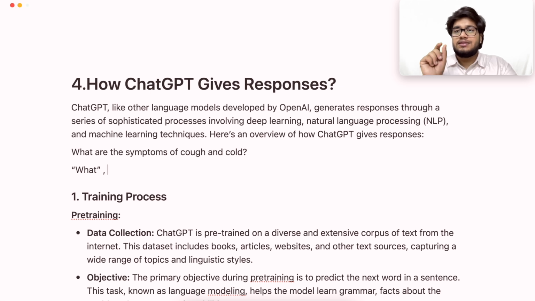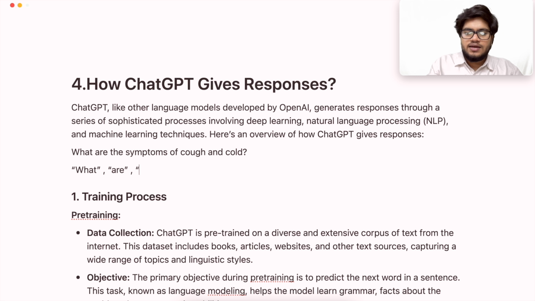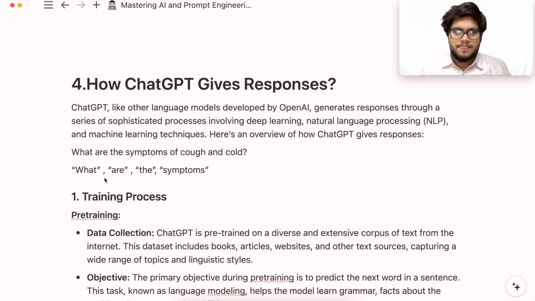In some cases, they take a single letter as a token, W, H, A, T. These are all different tokens. And usually words are taken like this: what, are, the, symptoms. So the prompt is broken into tokens.